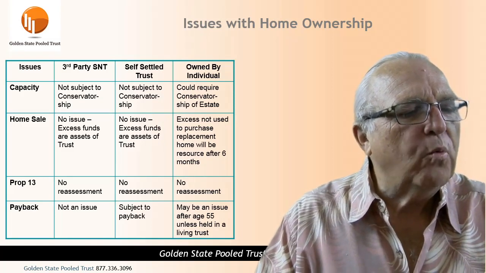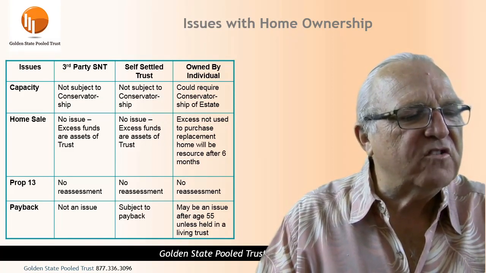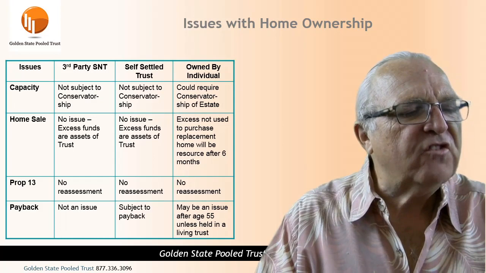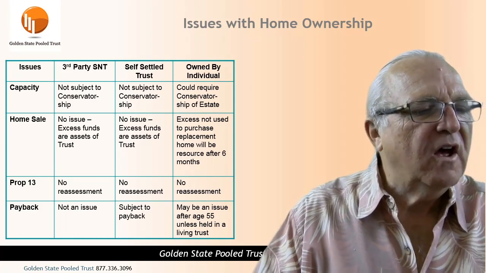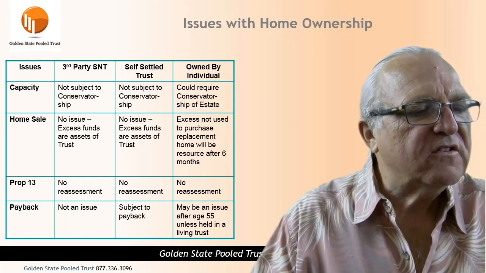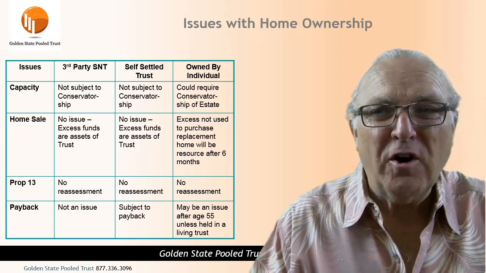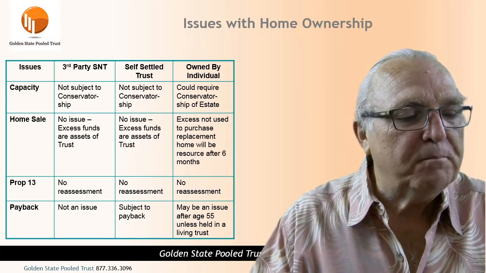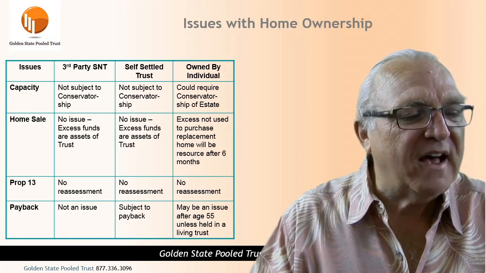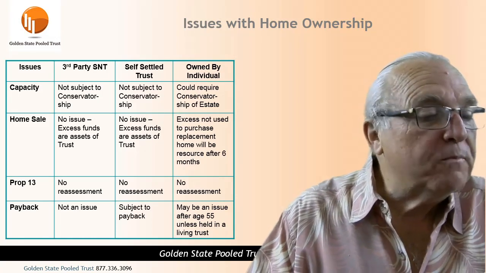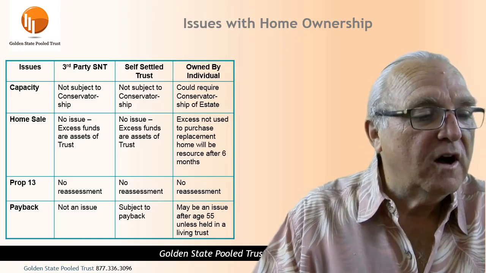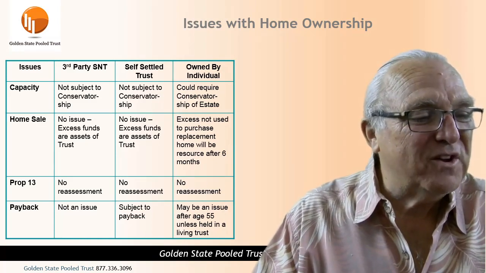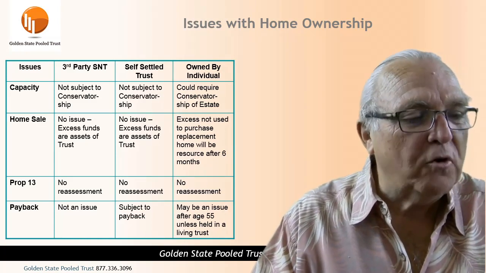You know, one thing about these trusts, as far as capacity is concerned, is that if it's in the third-party trust set up by a family member, and let's say the beneficiary doesn't have capacity, or maybe is conserved, it doesn't make a lot of difference because the property is owned by the trust.